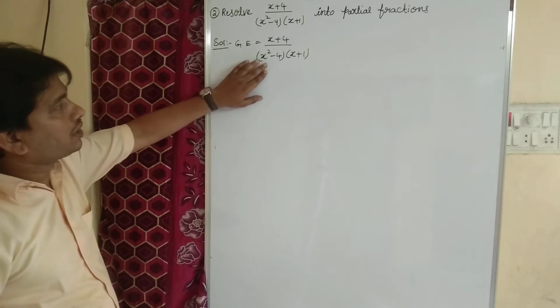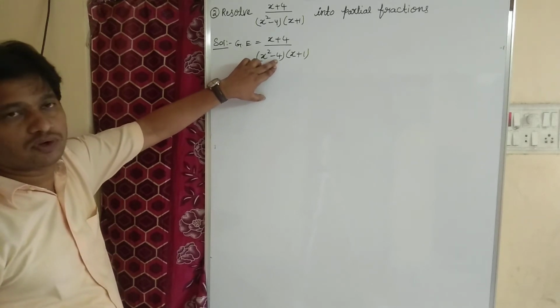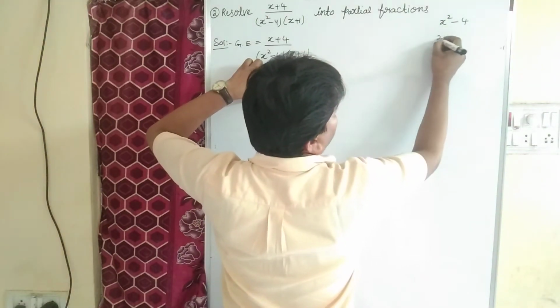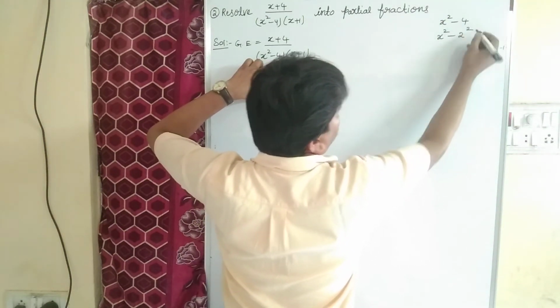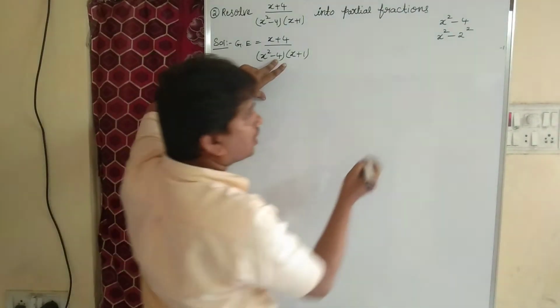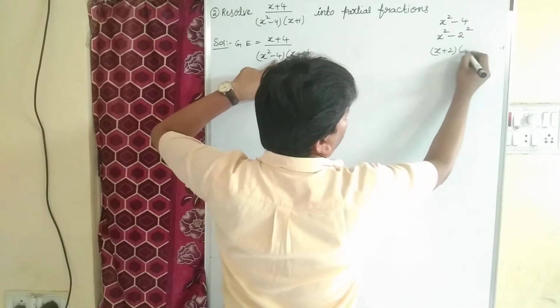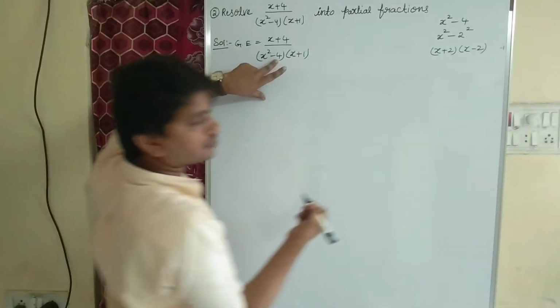If you observe the denominator, what we have here, x square minus 4, right? How can I write x square minus 4? I can write x square, and 4 I can write as 2 square. Yes or no? Now which is in the form of a square minus b square, I can write as a plus b into a minus b.